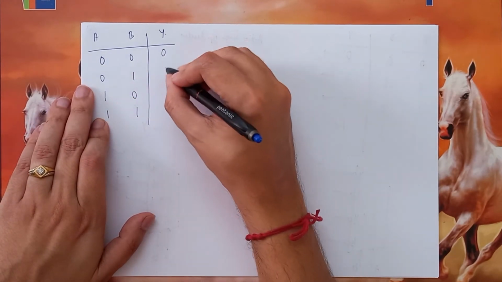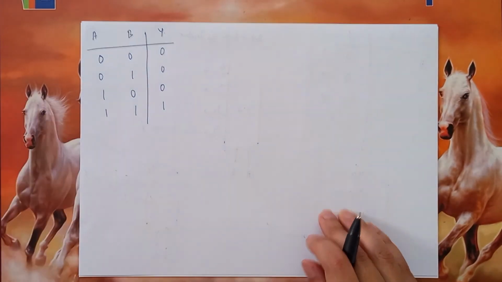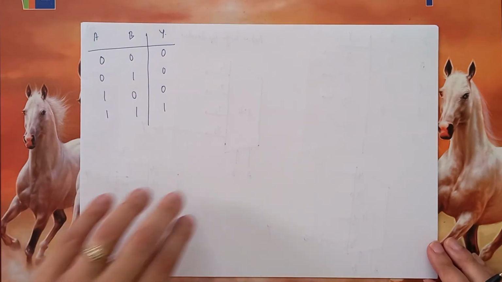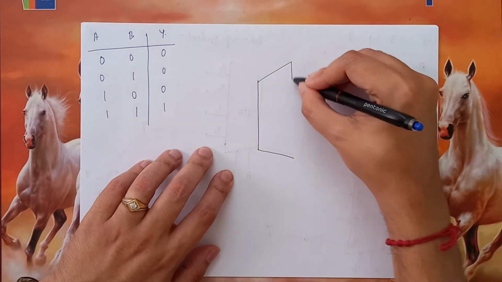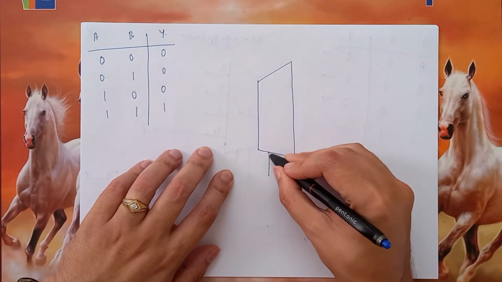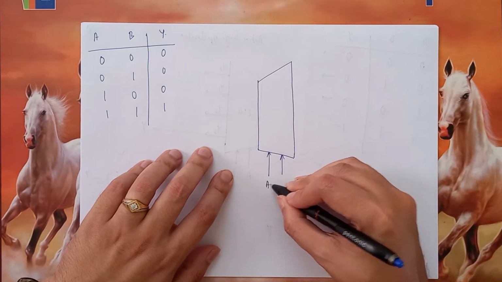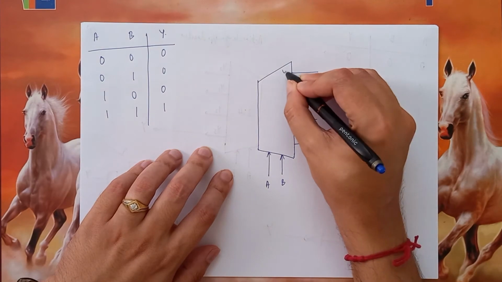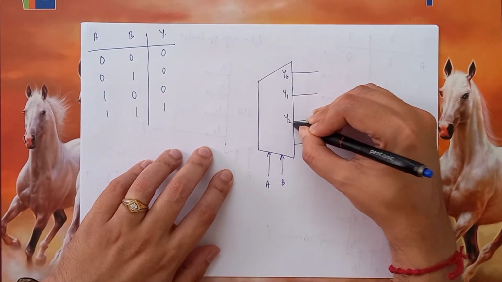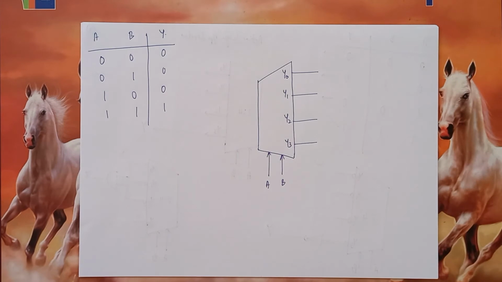The y function would look like this. So if I now have my active high output decoder, y0, y1, y2 and y3. So now suppose I don't want to use the y3 line at all.